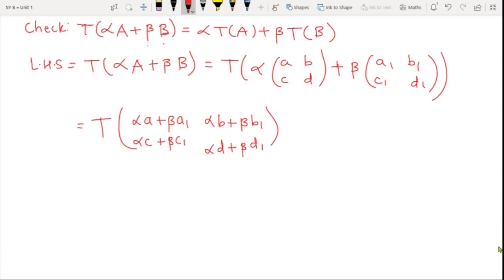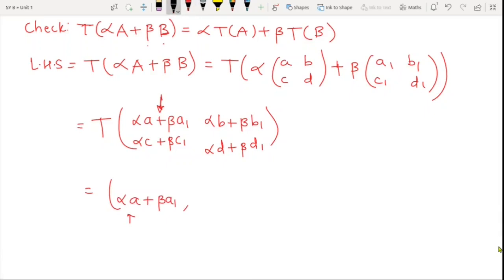Fine, which is equal to, now just remember how the map is defined. This coordinate, that is first coordinate over here, will be this a11 entry, that is alpha A plus beta A1, comma, what about the second coordinate over here?